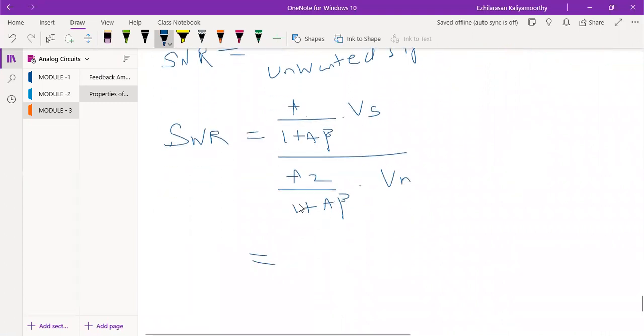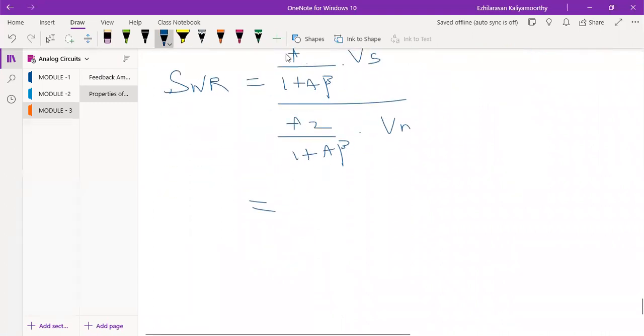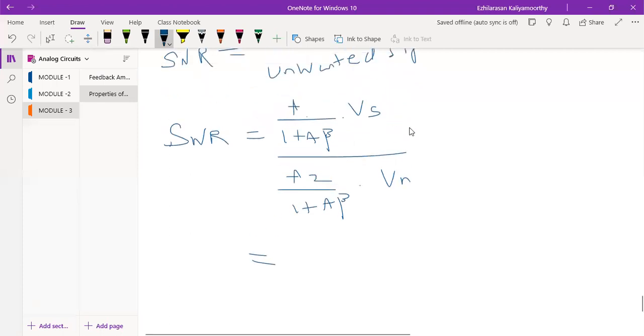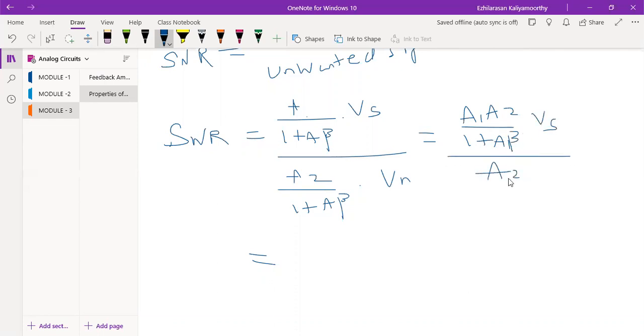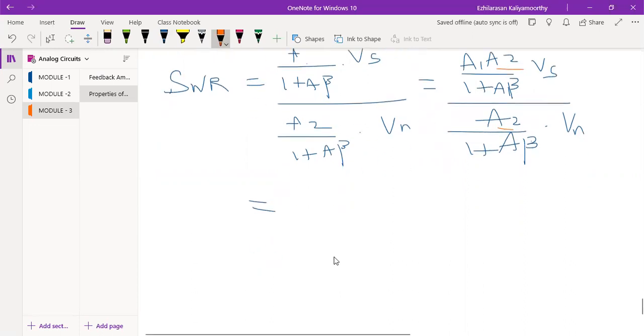Now let us do some small modifications. Let us substitute the A value here; A is nothing but, as you know already, A1 A2 divided by 1 plus A beta. Only the numerator I am substituting: Vs divided by A2 divided by 1 plus A into beta into Vn. So here this A2 and this A2 will get cancelled.